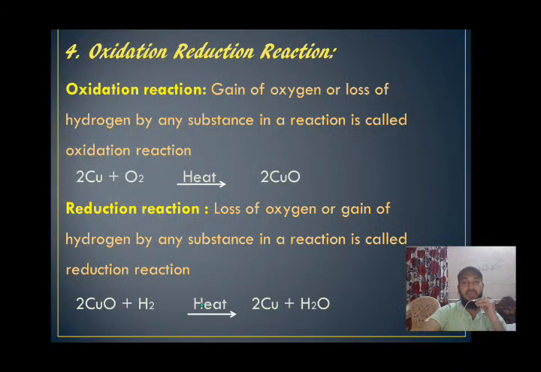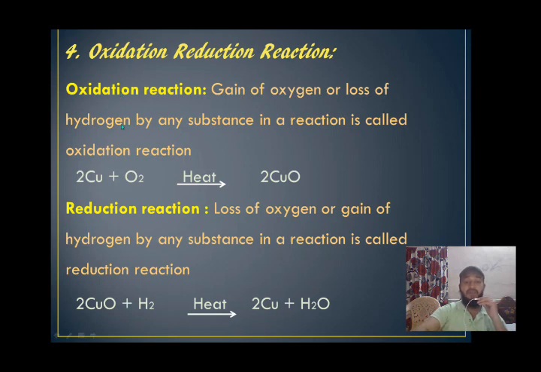Next is oxidation reduction reaction, or redox reaction. The first one is oxidation reaction. Oxidation means gain of oxygen or loss of hydrogen by any substance. If any substance gains oxygen or loses hydrogen, then this reaction is called oxidation reaction.